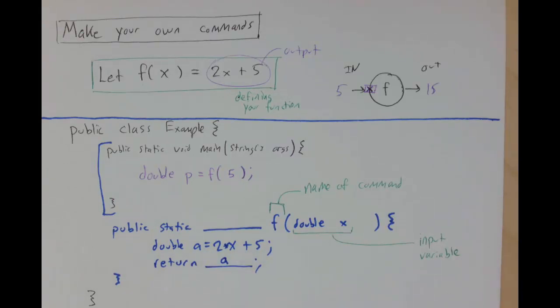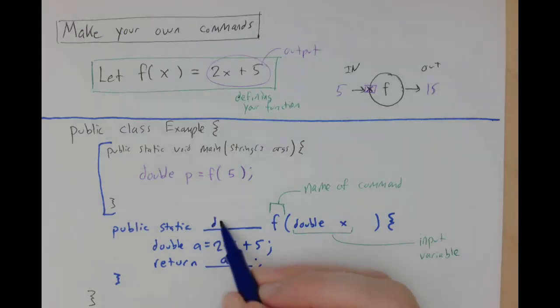So the last part of this is what you put right before the name of your command is the data type for your output. So in this case, I took a number with decimals as an input, and I'm going to give a number with decimals as an output.